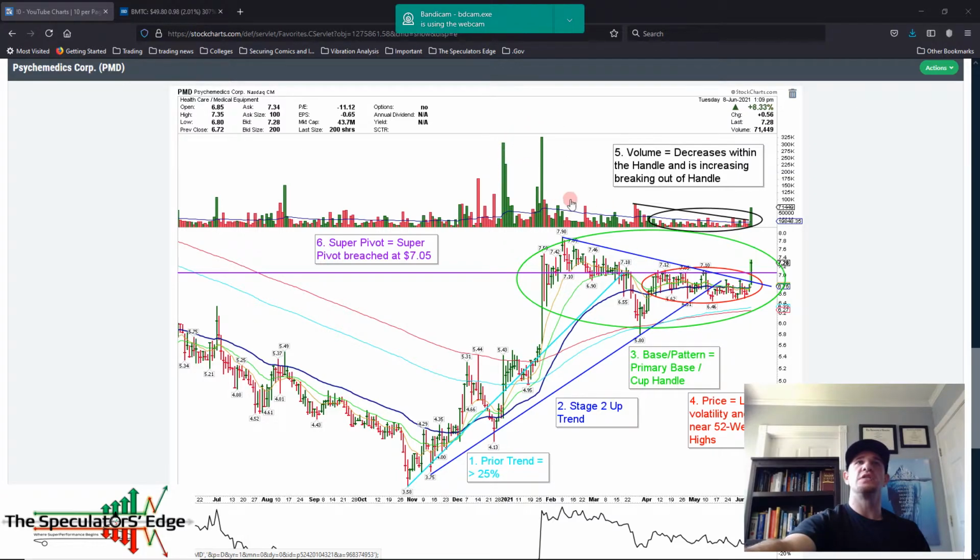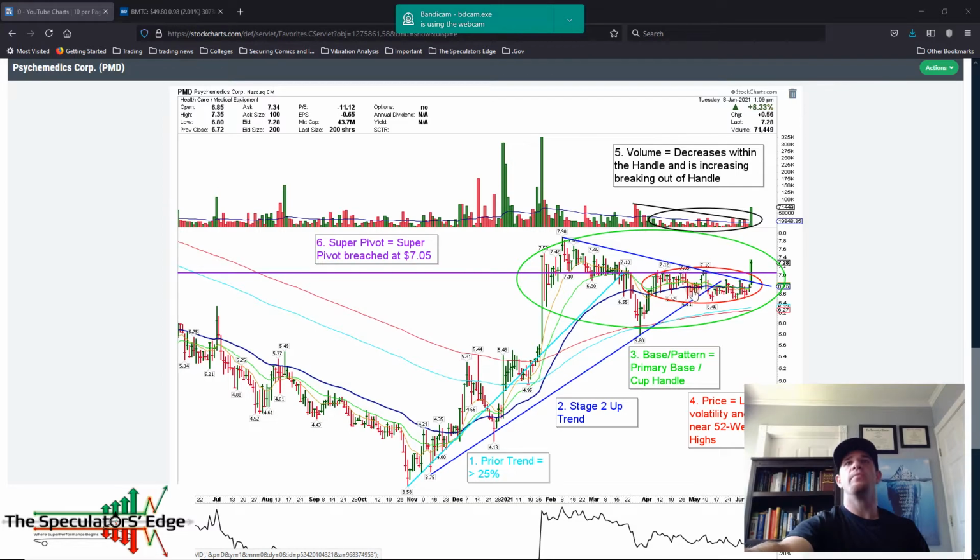As you can see, tons of volume, huge demand right here, pushing this stock up into the stage 2 uptrend. We still do have some demand, a little bit of selling right here, but not much. But we do have huge demand coming out right here, out of what's called a cup with handle pattern, and breaking out of the handle with huge volume.